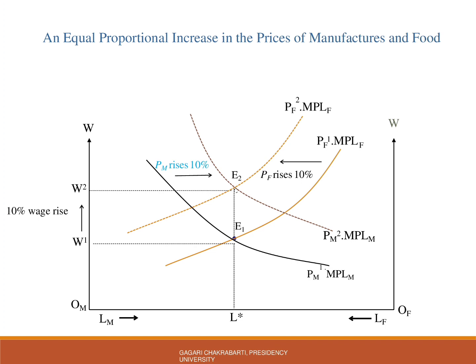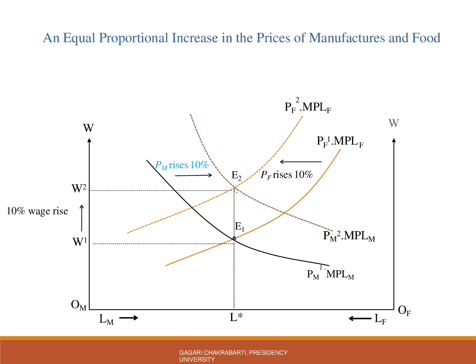Similarly, PF rises by 10%. So therefore, the VMPLF will shift from PF1 MPLF to PF2 MPLF. New equilibrium will be attained at the point E2 where the two new VMPL curves intersect each other.